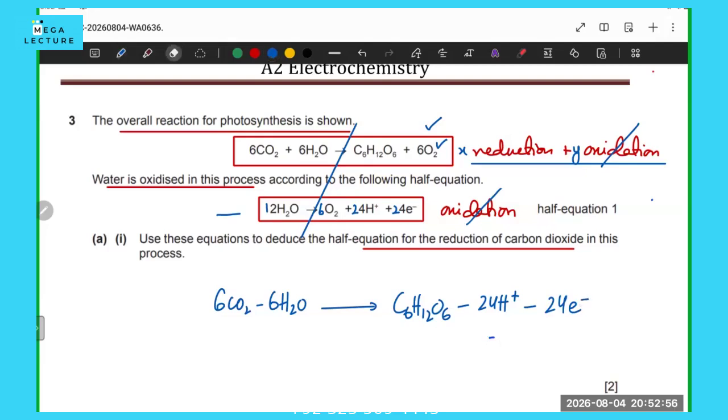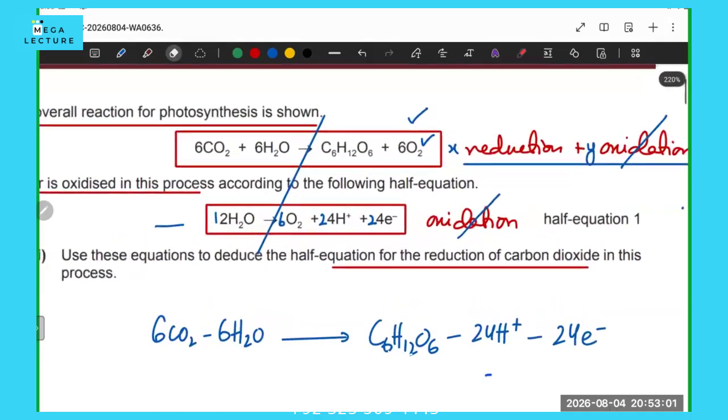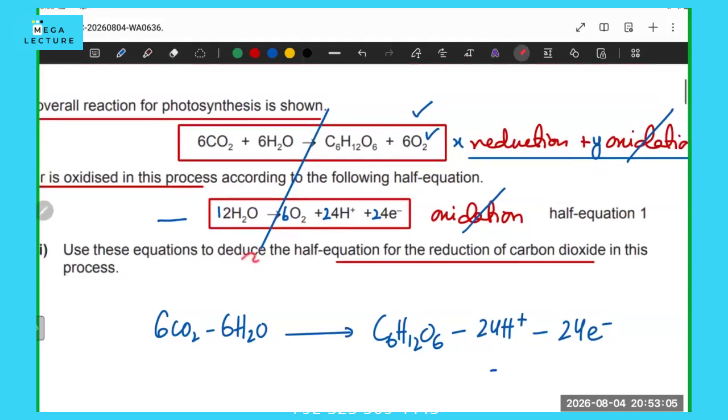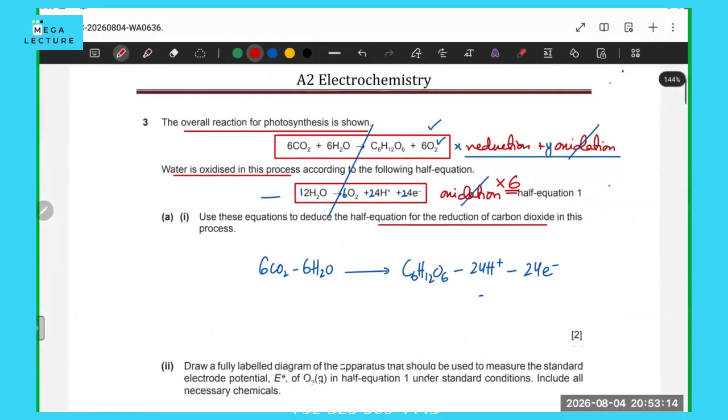Why is it 24 H plus? The oxidation equation, you have 4H plus. उसको मैंने 6 से मल्टीप्लाई कर दिया था ना, Oh, okay. तो 4 की वजह 24 नाउ, राइट? अच्छा, तो इसको रीअरेंज, this 6 CO2 नेगेटिव वालों को इधर, so it's minus 24H plus 1 plus 24.